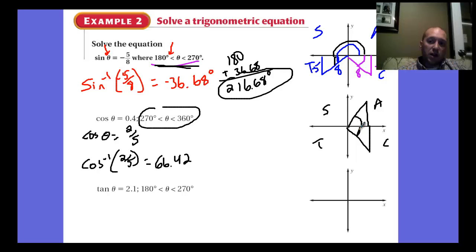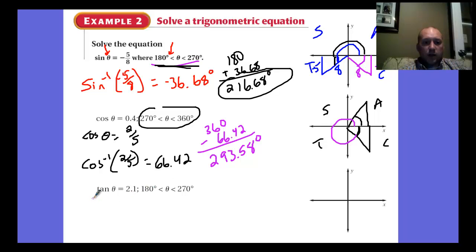So I'd have this angle, which would be like -66.42, or the theta value they're looking for is in the positive direction all the way around. So it's 66.42 shy of 360. So I can do 360 minus the 66.42. You get a value of 293.58 degrees.